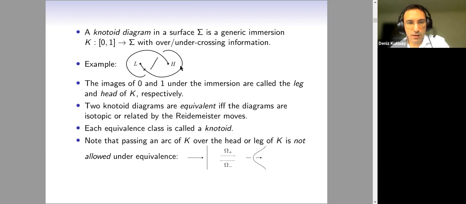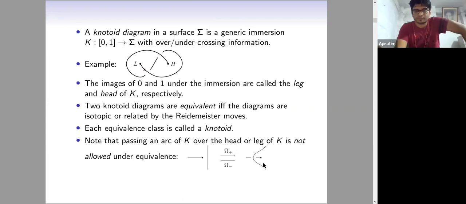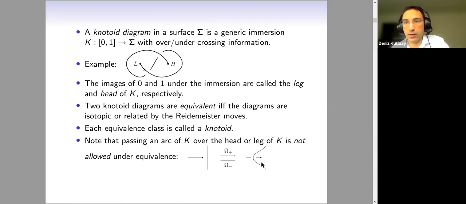Now you may ask, what's the difference between this and a regular knot diagram? For example, here you cannot slide an arc over or under the head or the leg of the knotoid. That is not allowed. So this omega move is not allowed under equivalence.